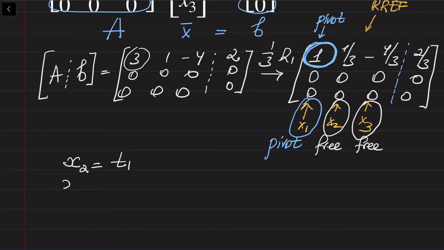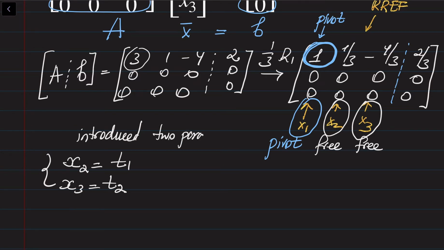And again, since x3 is a free variable, I am just going to denote it as t2. So I've just introduced two parameters. You will see at the end that it will lead us to the parametric equation of a solution space.